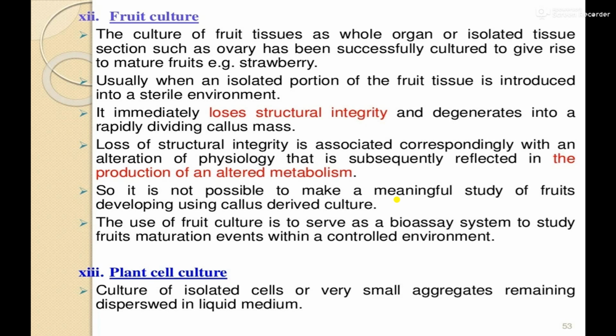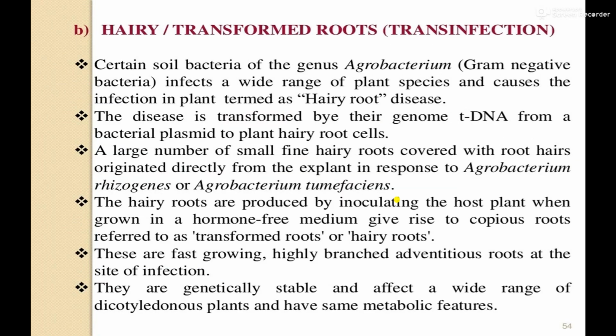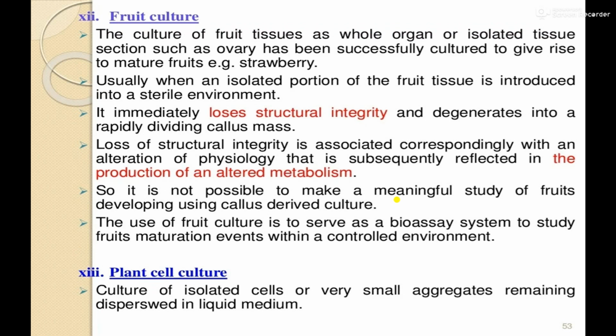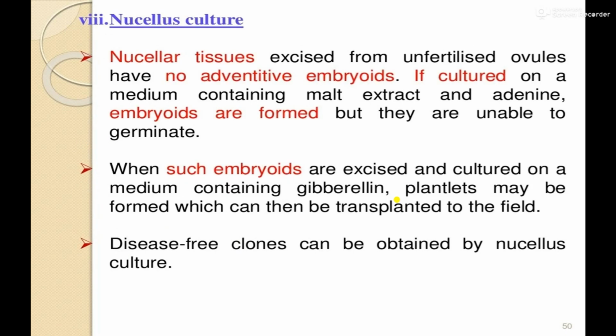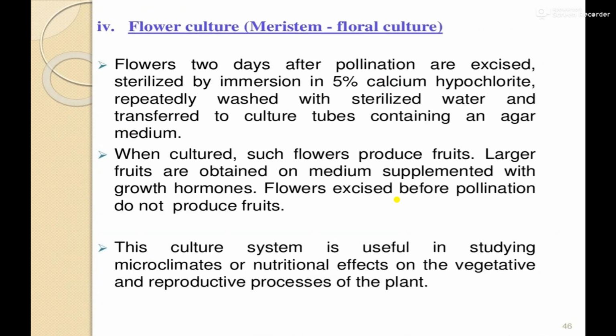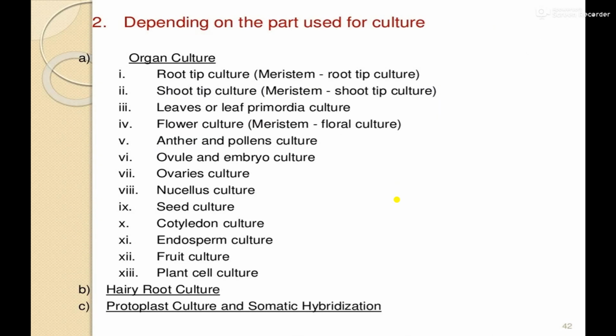In that, culture of isolated cells or very small aggregates remaining dispersed in liquid medium. These are all about the organ cultures in types of tissue cultures. These are all the points included in the organ cultures.